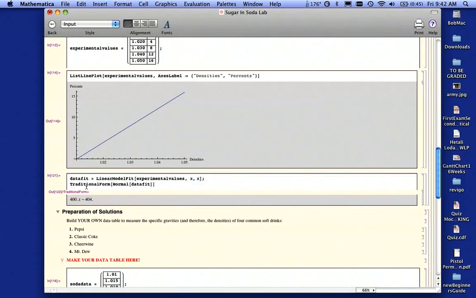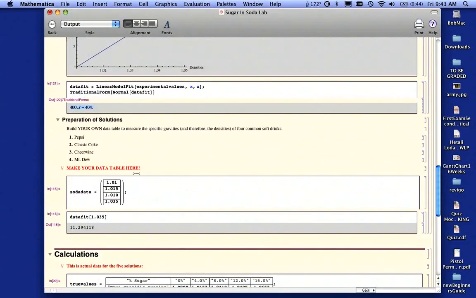I did a Y equals MX plus B fit here on my experimental data. I got a function, 400X minus 404, and then I used that function, plugging in all the densities, or specific gravity, same thing, of my 4 soft drinks. I put those numbers in here, and that told me the percentage of sugar in the soda.